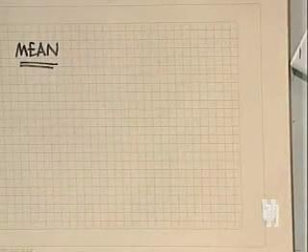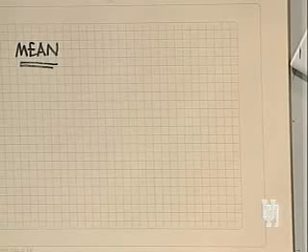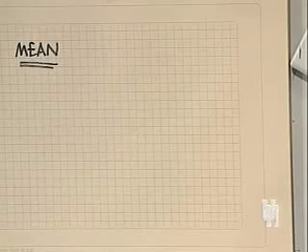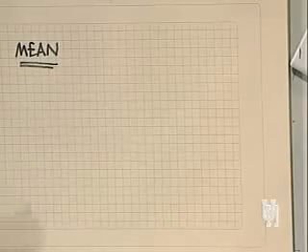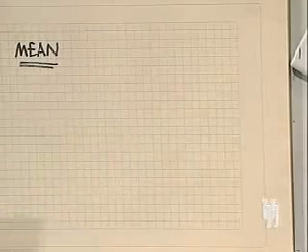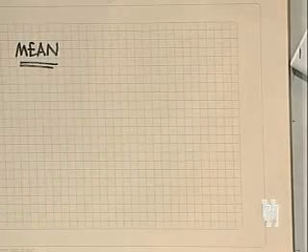Let's then talk about measures of central tendency. There are three. The first is the mean. Mean is simply another word for average. And most of you, all of you I presume, are familiar with the notion of a mean or average.